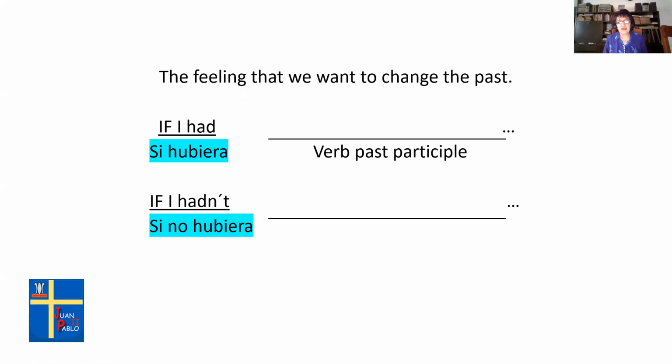Okay, but we like to talk about it. And then after had, we have a verb in past participle. Or you can also express it in negative. If I hadn't, si no hubiera, and also the verb in past participle.